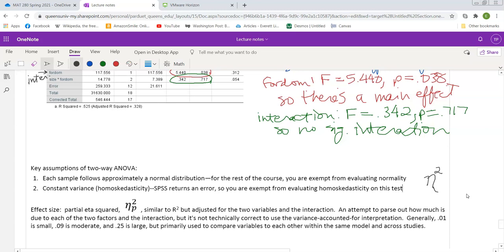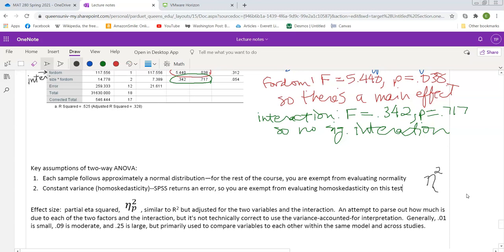The first factor, the second factor, and the interaction. It's an attempt to parse out how much of the variance is accounted for by each one of those. But it's not correct to say these percentages are the variance accounted for. So don't use that interpretation.